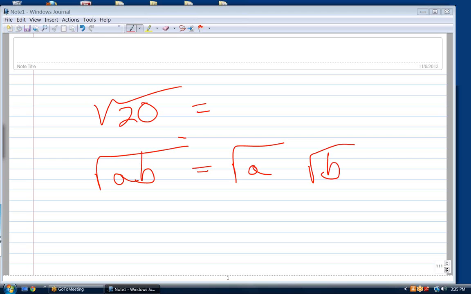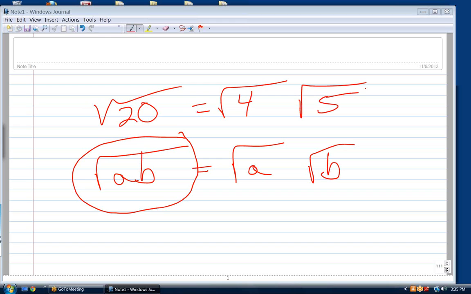In other words, it's utilizing this principle, that the square root of any number is equal to the square root of one of its factors times the square root of another factor. And this is an integer. I can replace that with 2. So that's equal to 2 root 5. And that's how we simplify radicals.